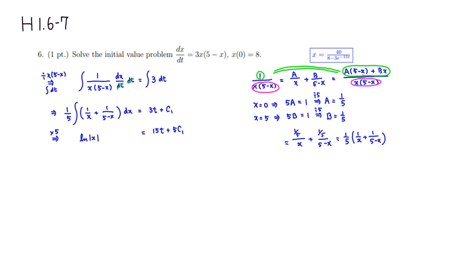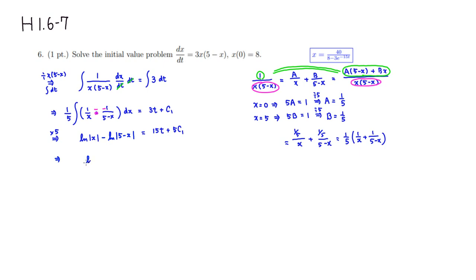This one you have to do a little bit of tweaking. Since the derivative of 5 minus x is negative 1, I would like to have a negative 1. So I'm going to put a negative sign here and a negative sign there, so you have a double negative. So this is going to be minus the natural log of the absolute value of 5 minus x. Then the next step is we're going to put these two together.